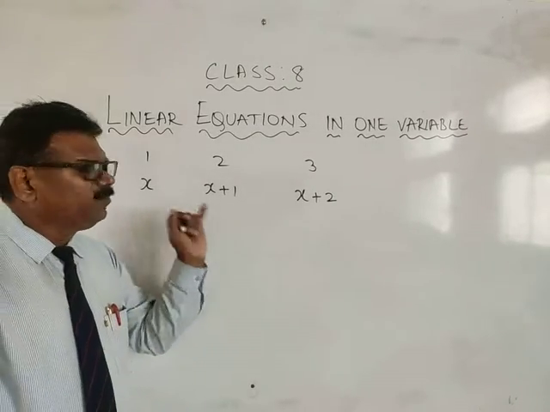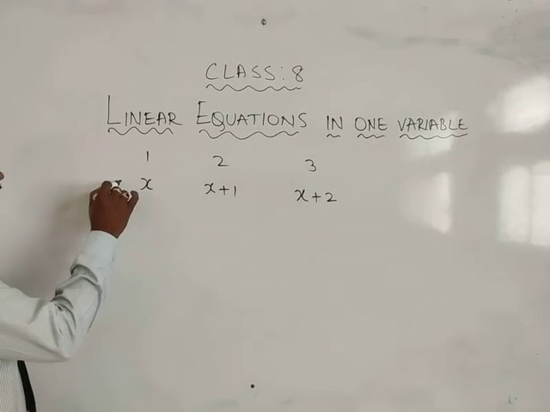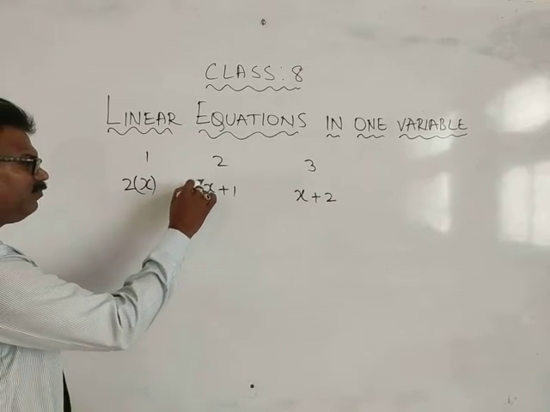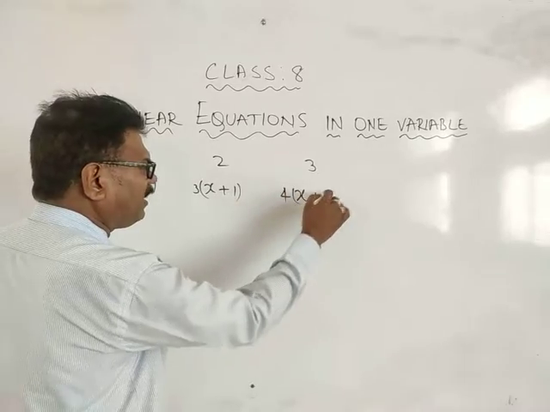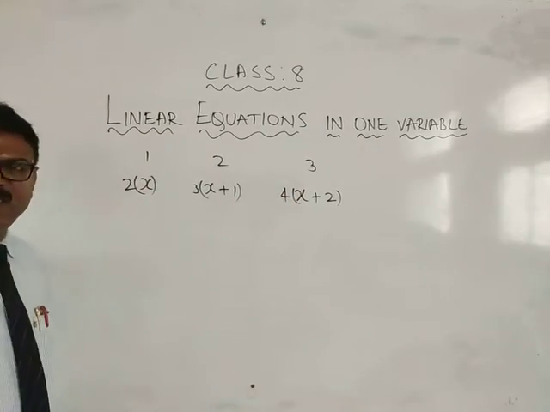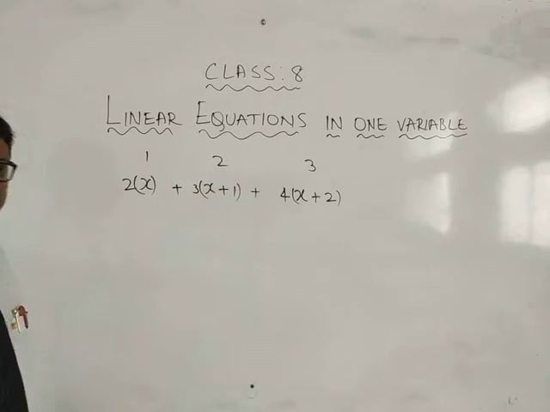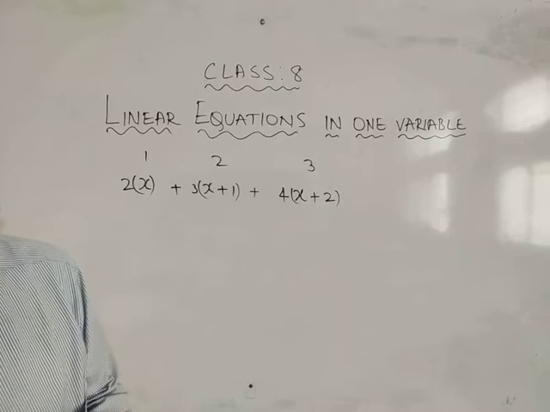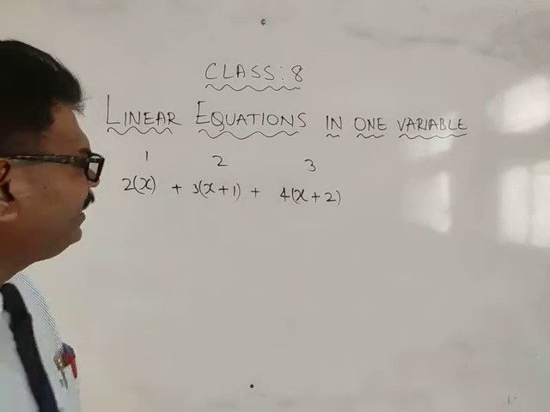The first number is multiplied by 2, the second number by 3, and the third number by 4. After multiplying, if you add them, they are equal to 74.